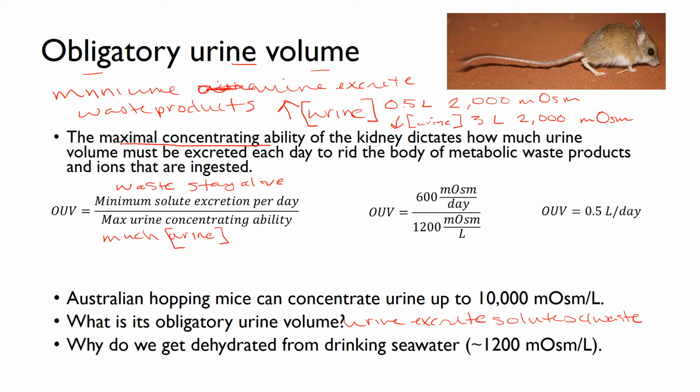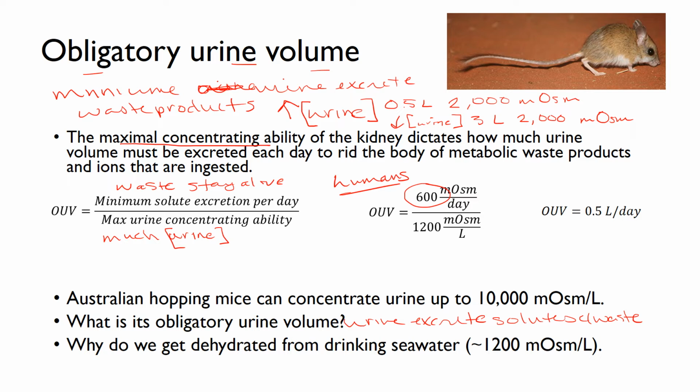Now, us human beings have pretty standard numbers for this. The minimum solutes you have to get rid of per day as a human being is about 600 milliosmoles per day. So in order to stay alive, you have to continue to get rid of about 600 per day.